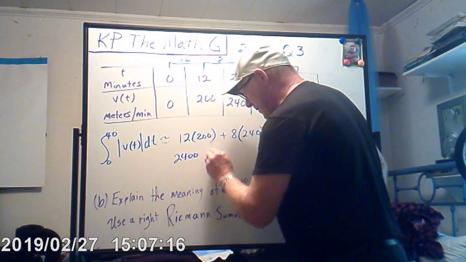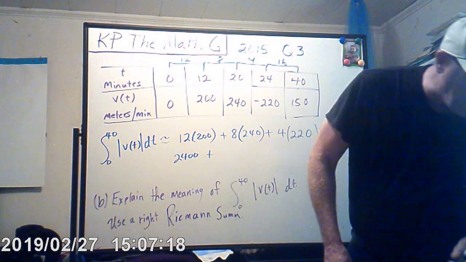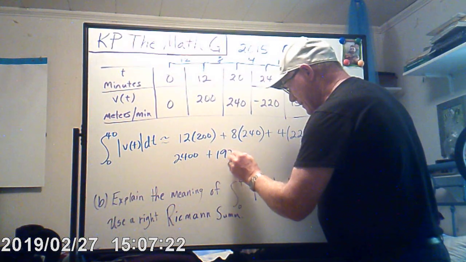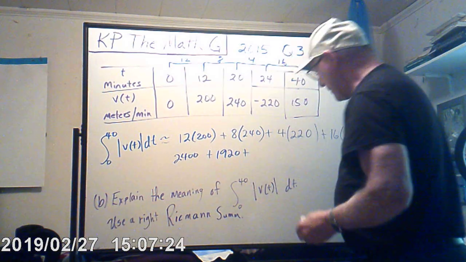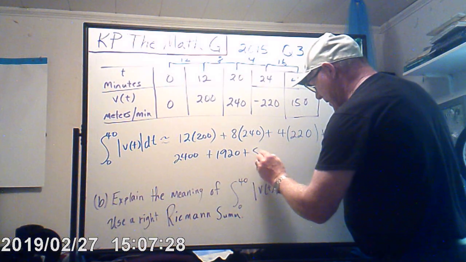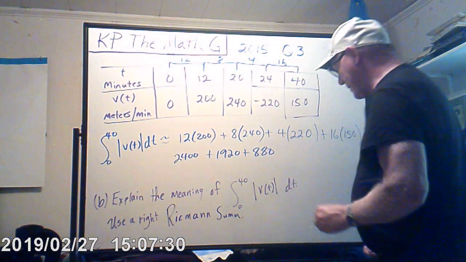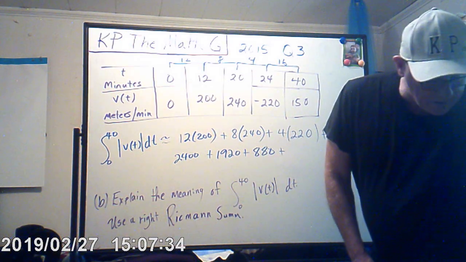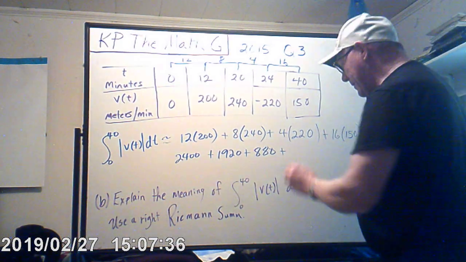2400 plus, let's see, 1920 plus 880, I believe it is. 880, of course it is. And then 16 times 150 is also 2400.